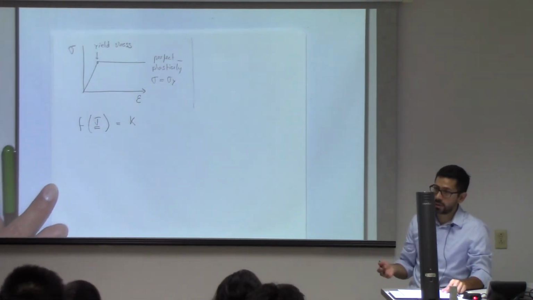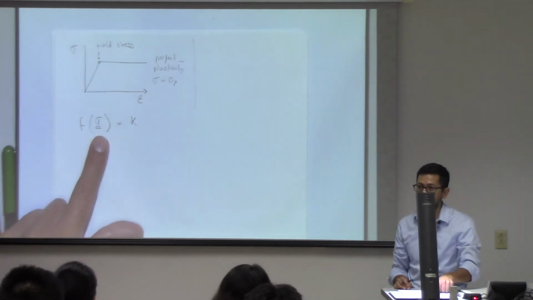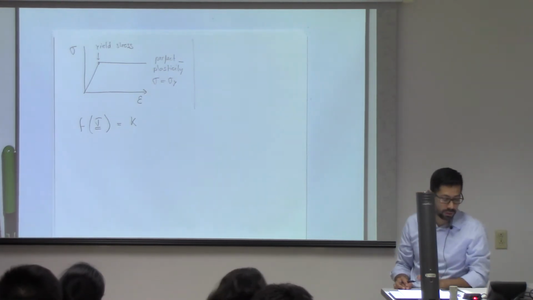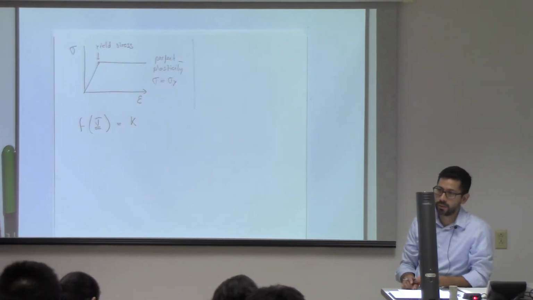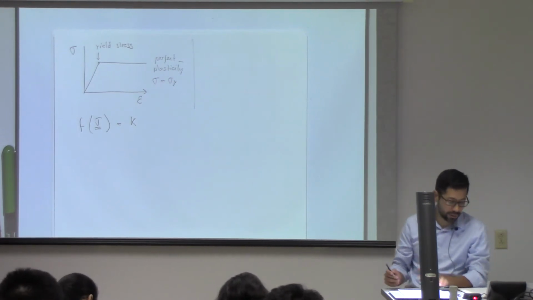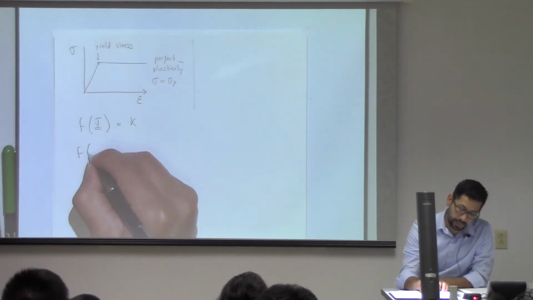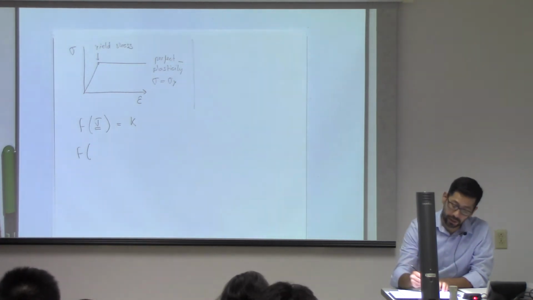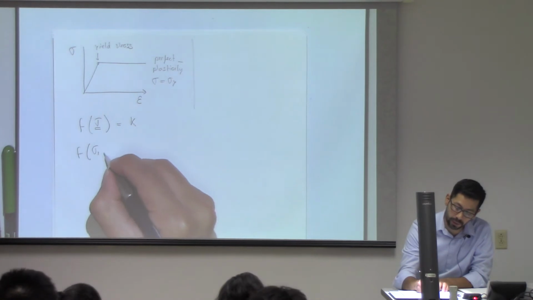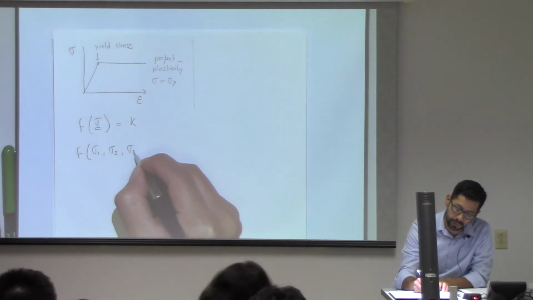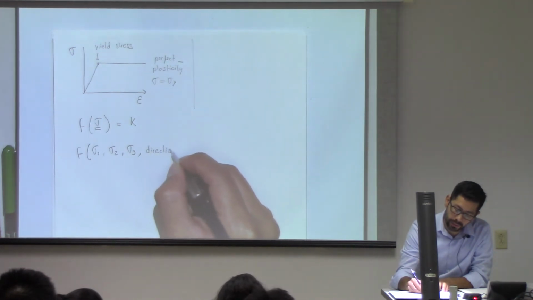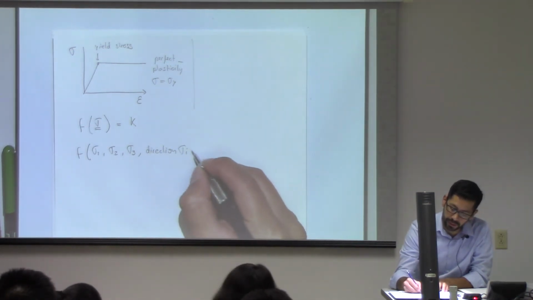In 3 dimensions, and to make it more general, we need to talk about the stress tensor. So a function of the stress tensor is going to be equal to a constant. We can write it in another way, say, okay, I'm not going to look at the stress tensor, but I'm going to look at the principal stresses and the direction also of those principal stresses.